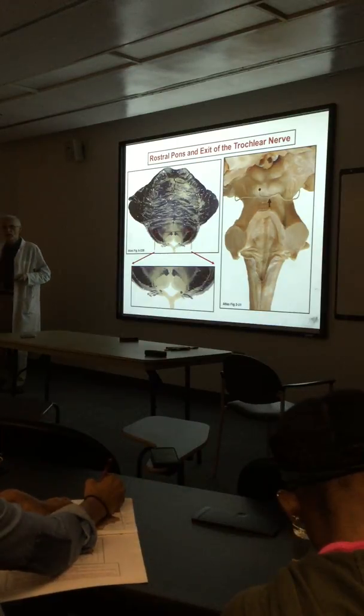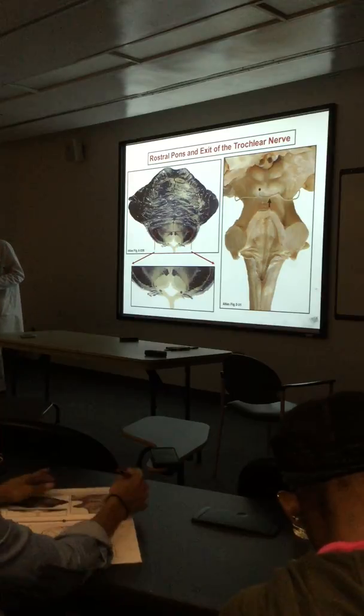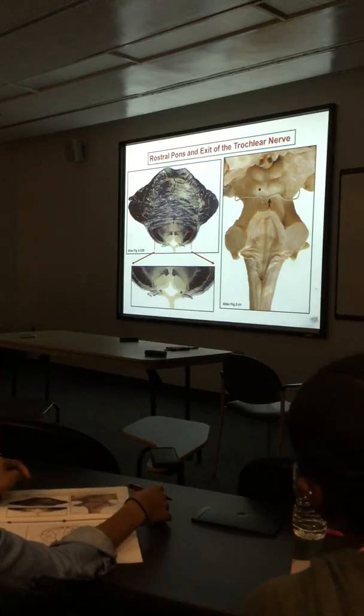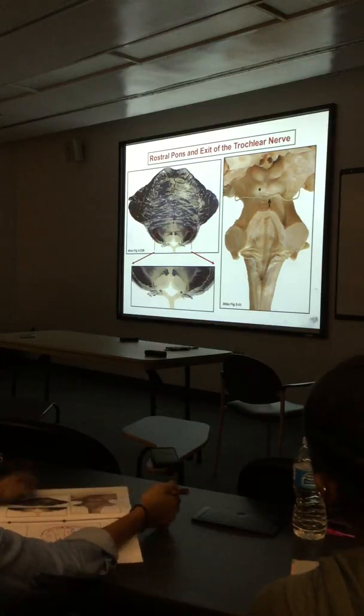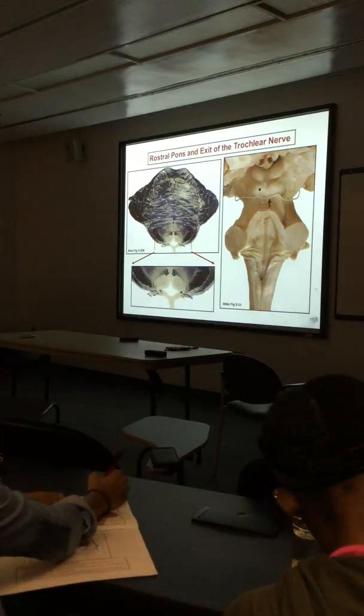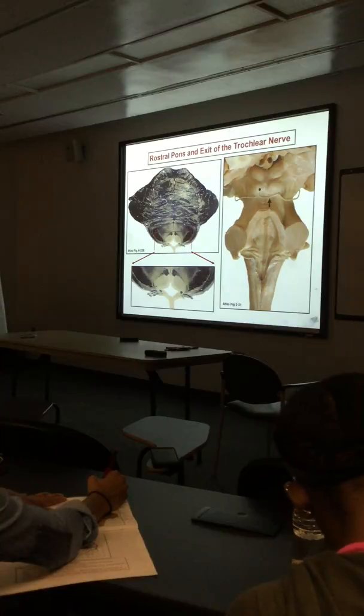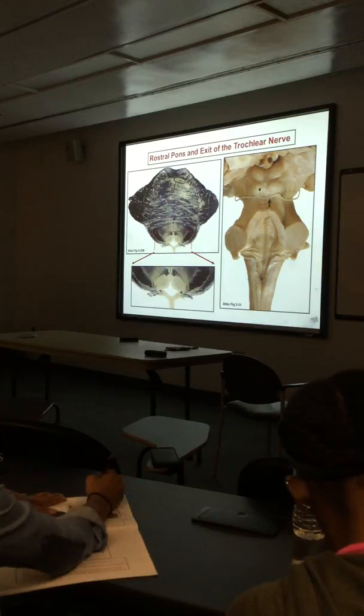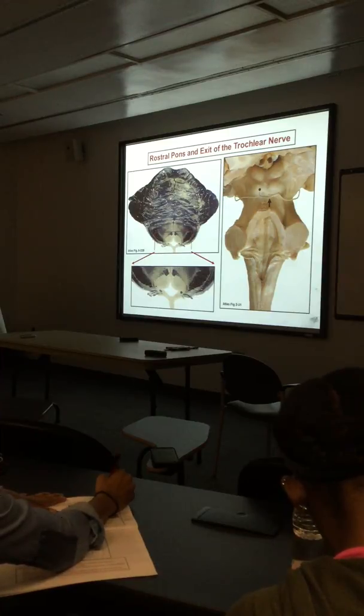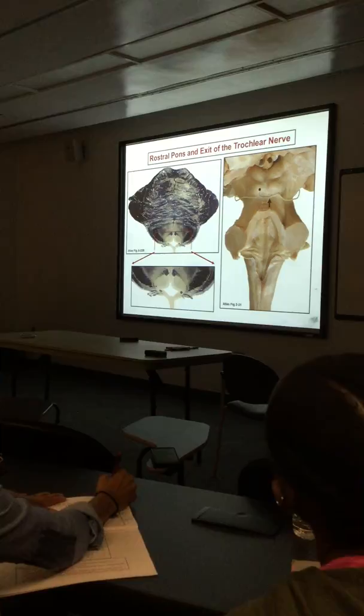Mesencephalic. What does the name tell you? Where is it primarily located? Midbrain, mesencephalic. A unique thing about the mesencephalic nucleus is all the sensory nuclei that are concerned with cranial nerves have a ganglion in the periphery, somewhere in the head.